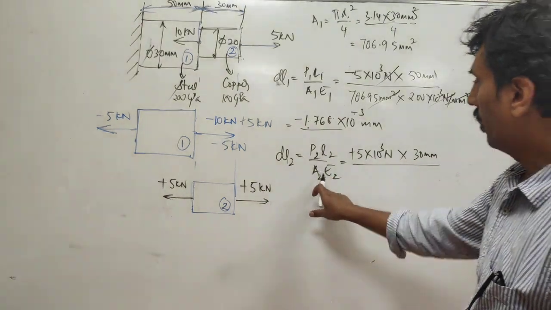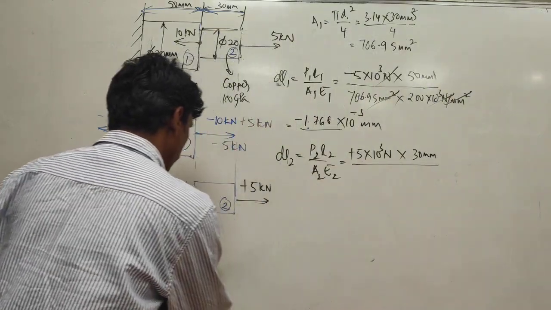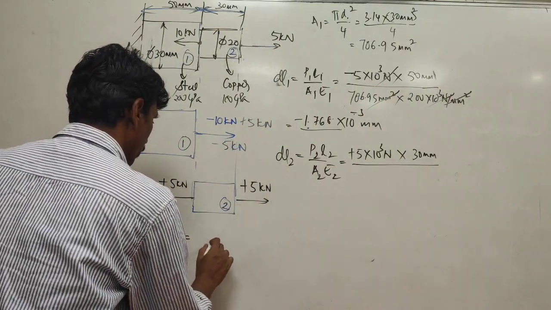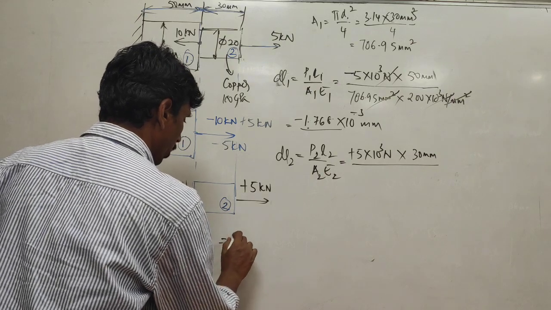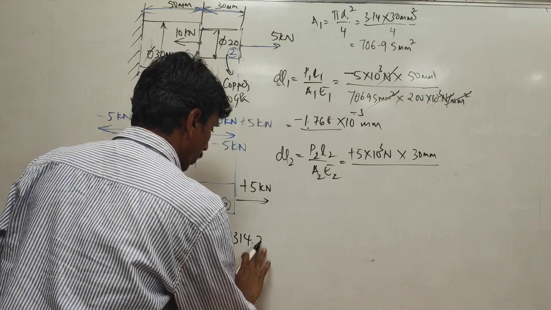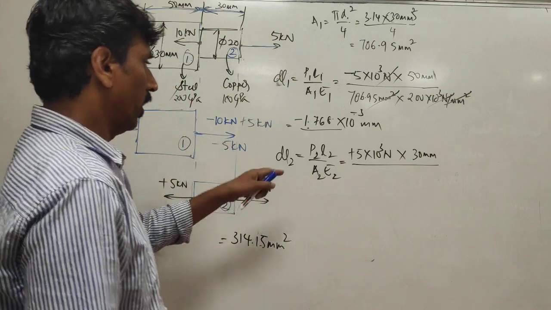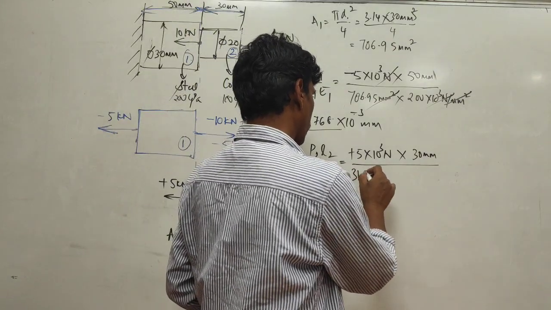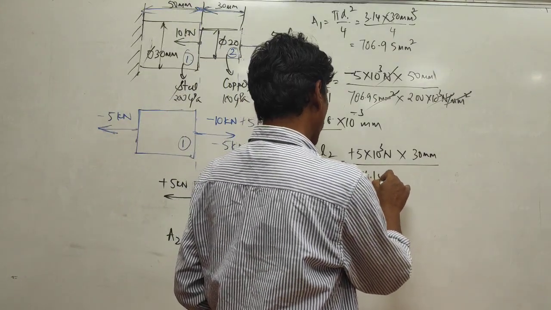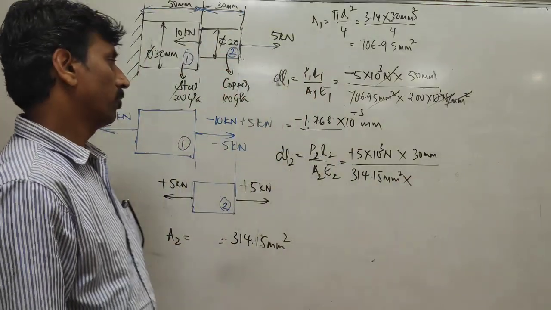Here area 2 is not found out, so let us find out area 2: 314.15 mm square.